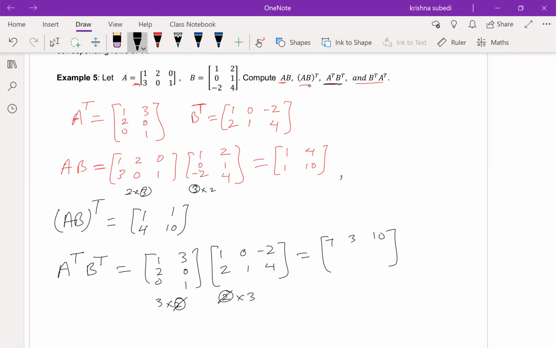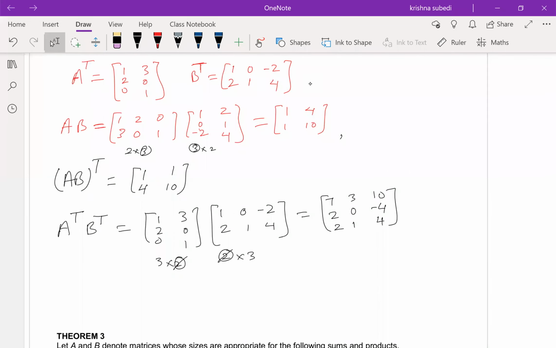Then 2, 0, -4, 2, 1, 4. I want to check with other people. Got the same, got the same. Thank you so much, guys. You helped me a lot to find that answer.